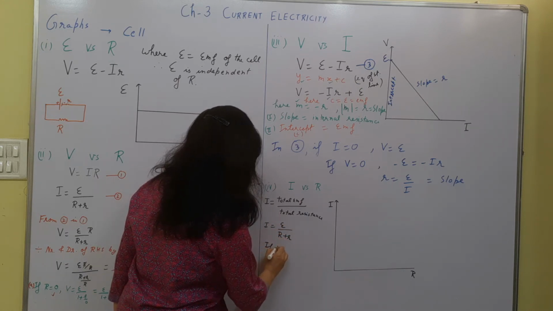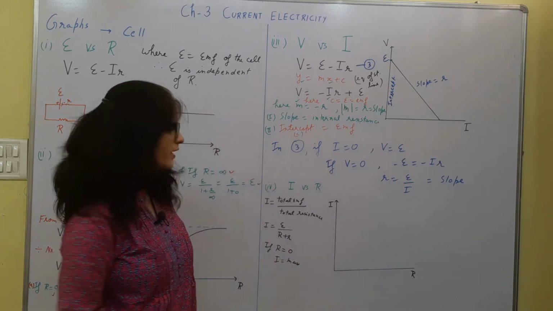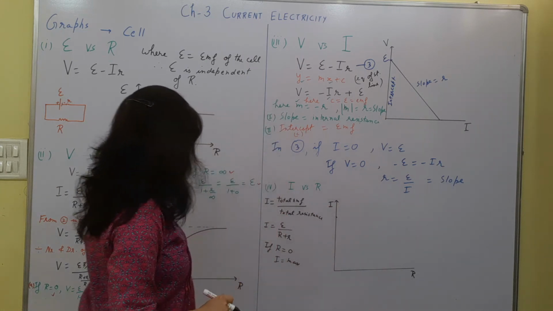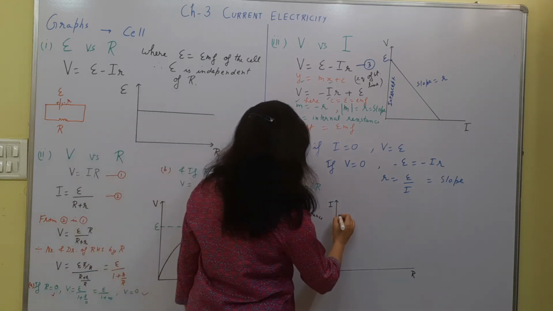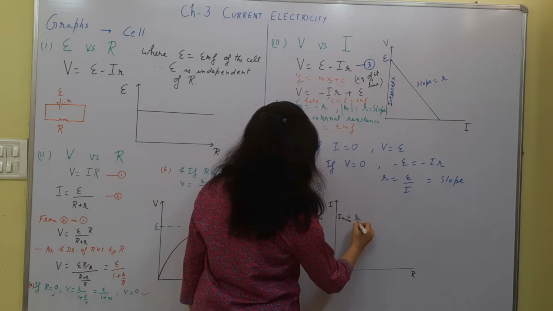So if R is equal to 0, then I is maximum. So this point corresponds to the maximum value, and this I will be E upon r.